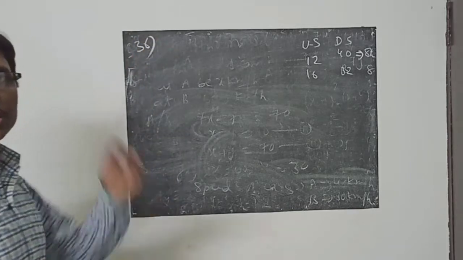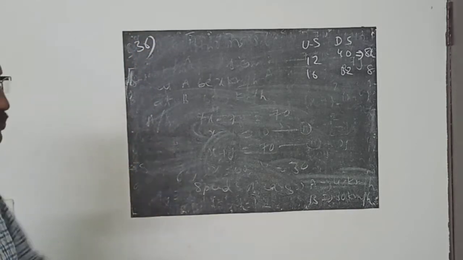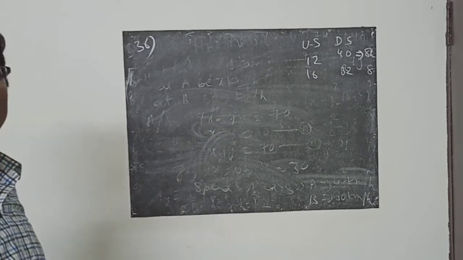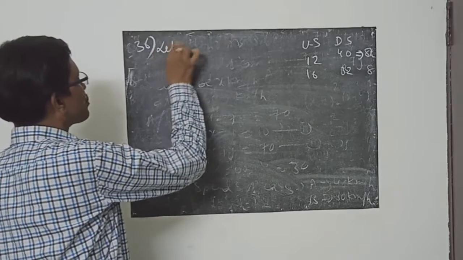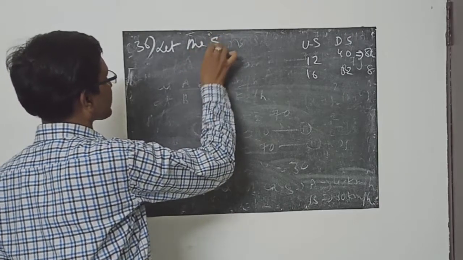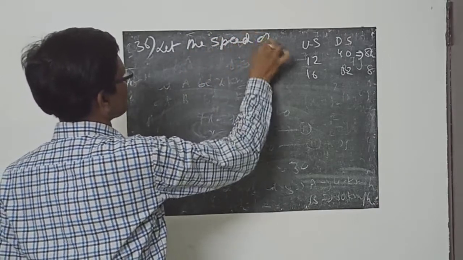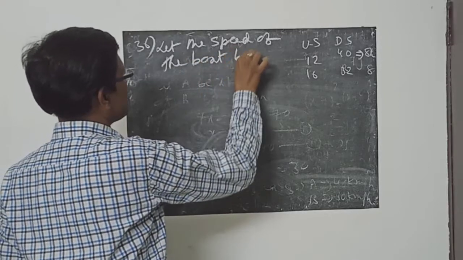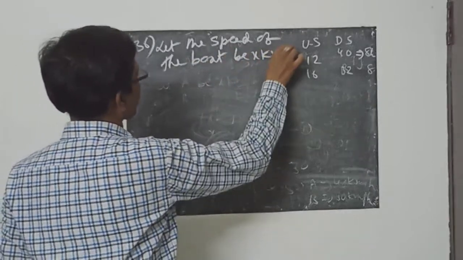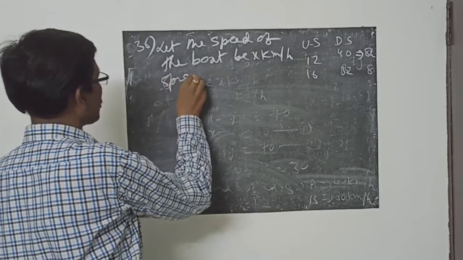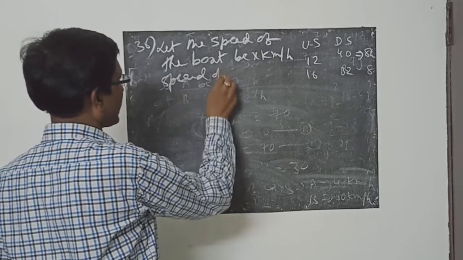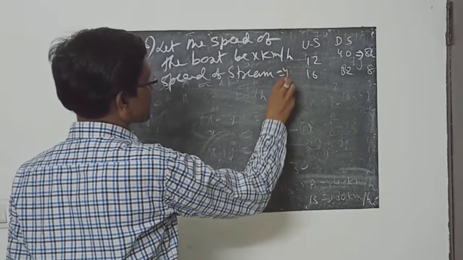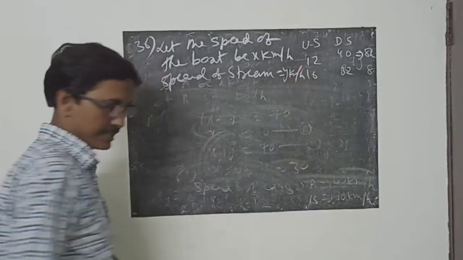One is the boat in still water, that is the original speed of the boat, and another one is the speed of the stream or the water. So let the speed of the boat be x kilometer per hour and the speed of the stream or flowing water be y kilometer per hour.